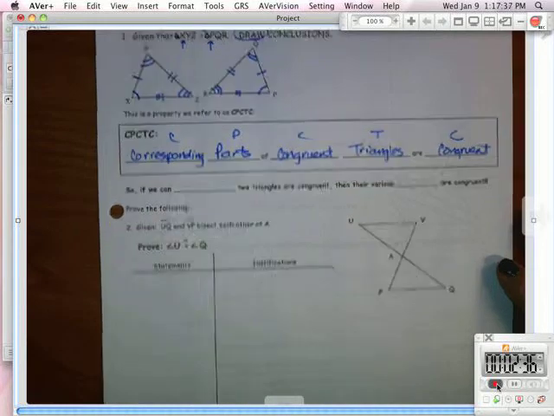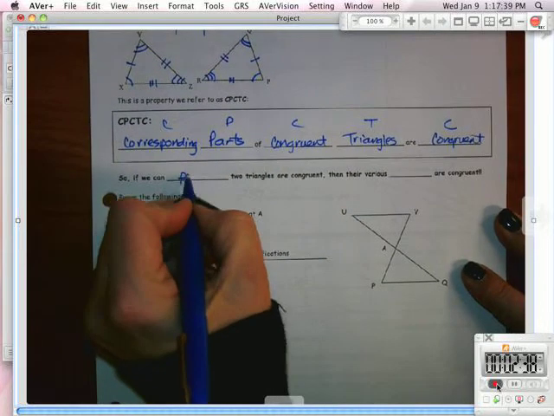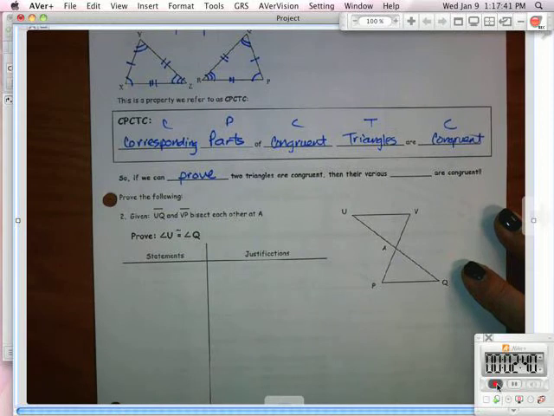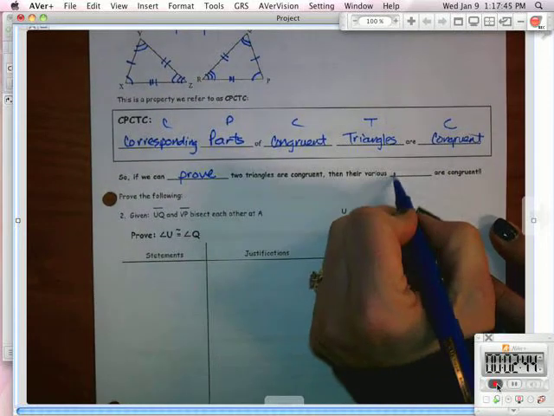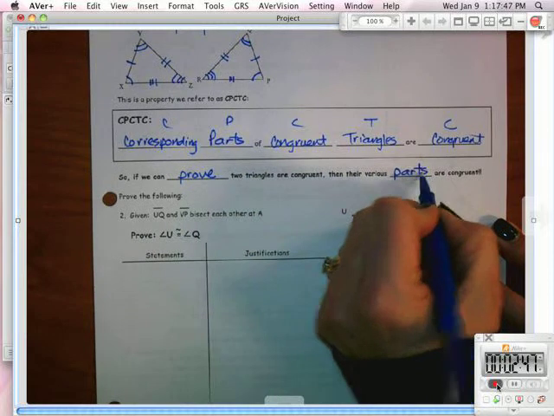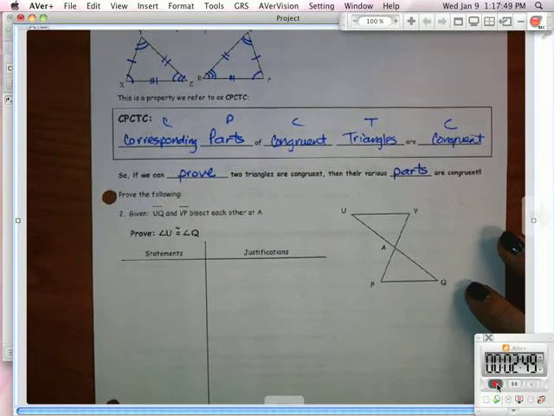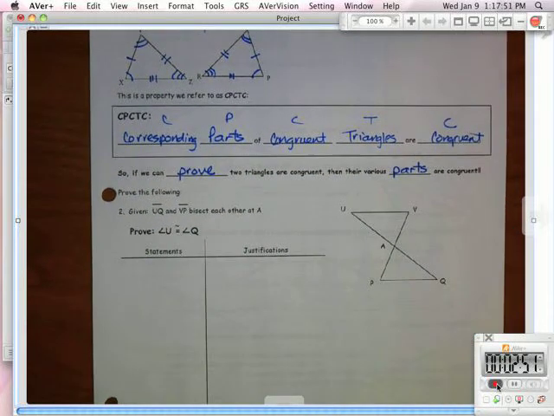So if we can prove 2 triangles are congruent, then their various parts are congruent. So totally, up until now, we've always had to prove that 2 triangles are congruent.